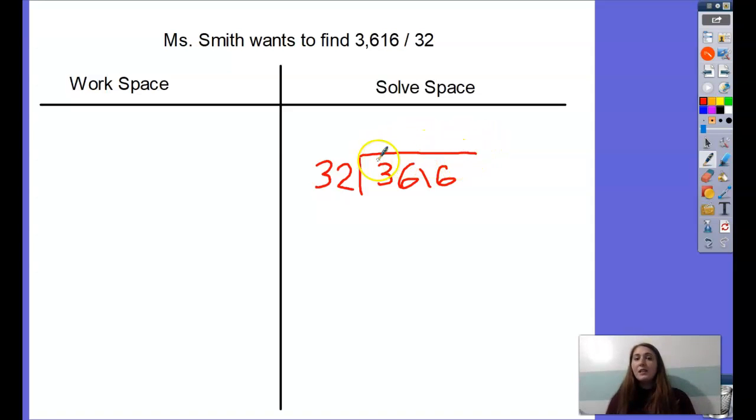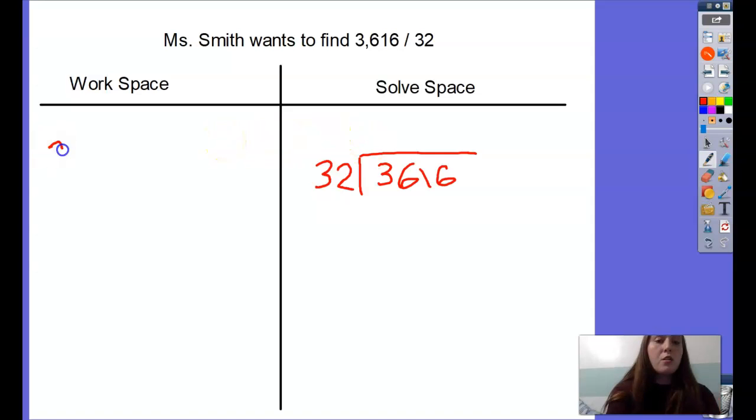So our quotient is the 3,616, the total amount we have. So I look at my quotient, and this is my ones, tens, hundreds, and thousands place. So I know the largest place value for my quotient is the thousands place. So that's what I'm going to start with for my place value.